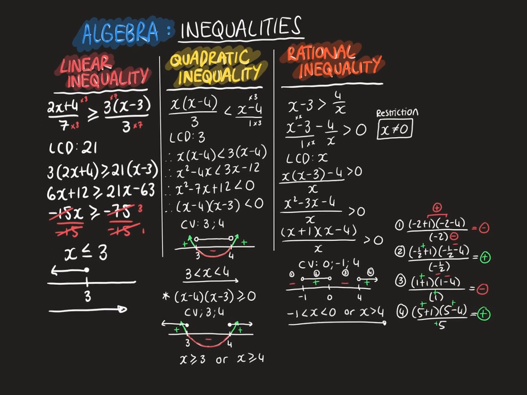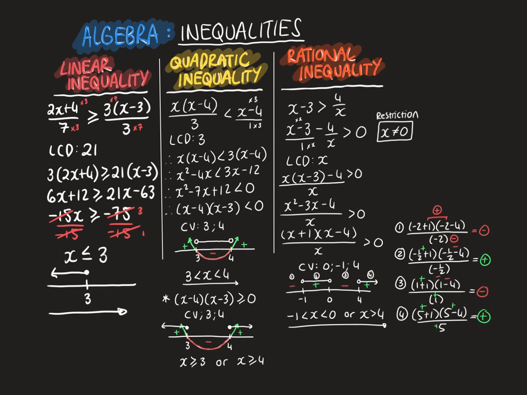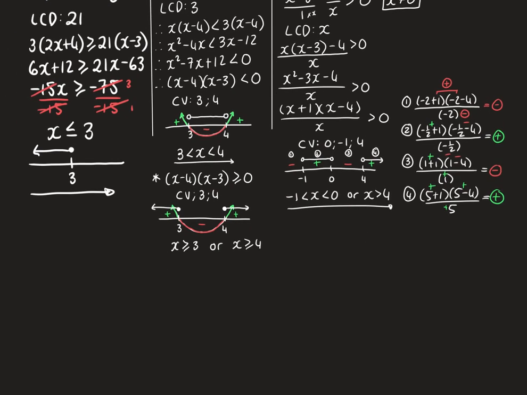Now I've done everything in set builder notation. And there's also something called interval notation, and I'm going to do that in blue quickly just to show you how to represent both. So what I've done is set builder notation, and now interval notation is as follows.